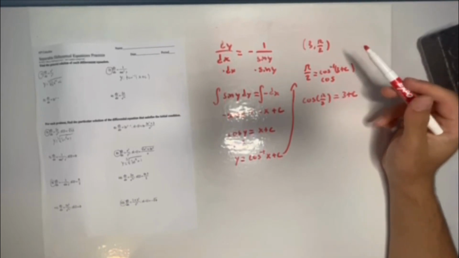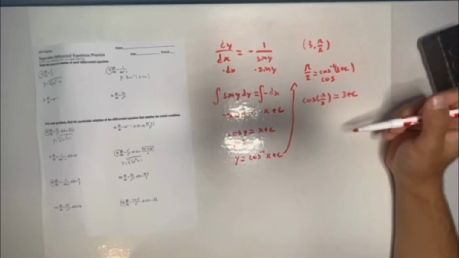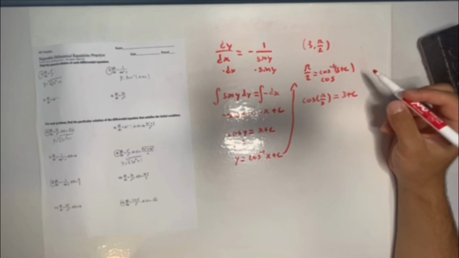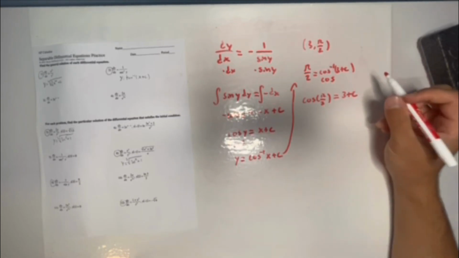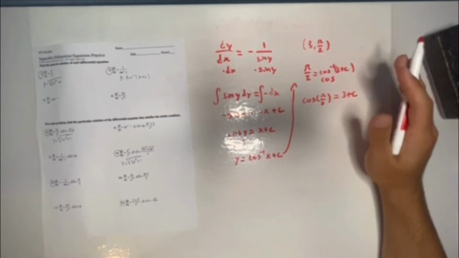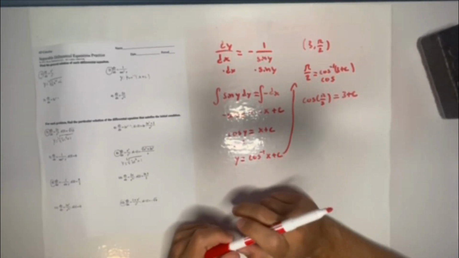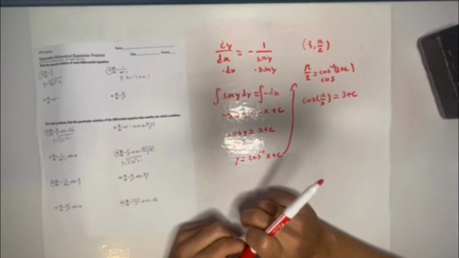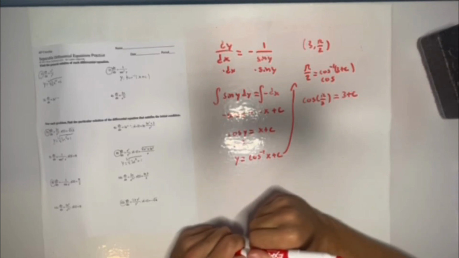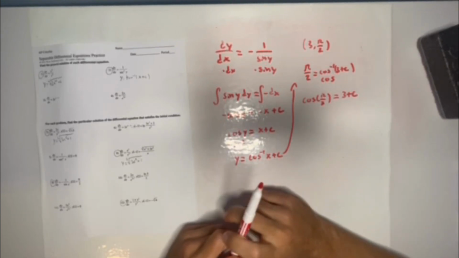So we have to do the cosine of pi over 2. On your, what is that called? Unit circle, that's going to be the very top of it. And so the cosine is going to be the x value of the unit circle at pi over 2, and that's just going to be 0, right?